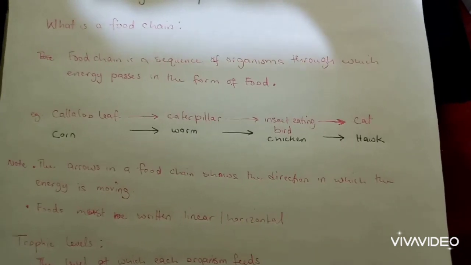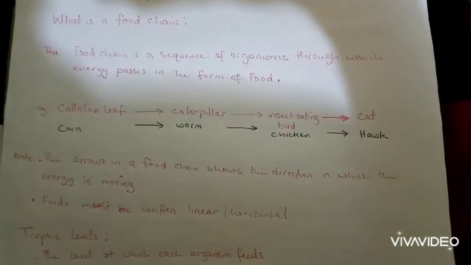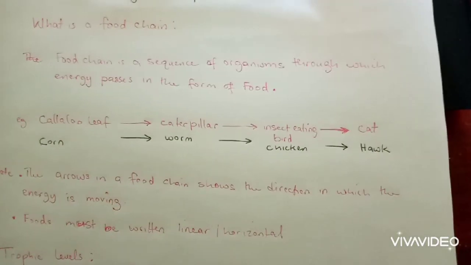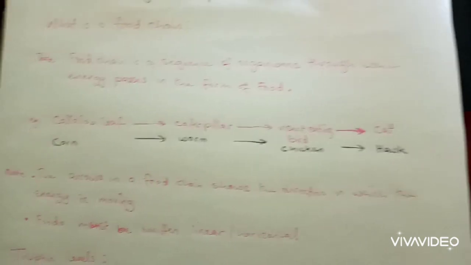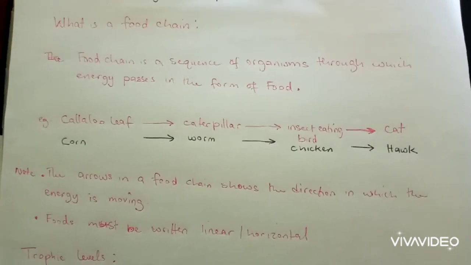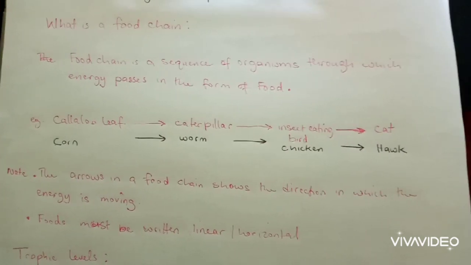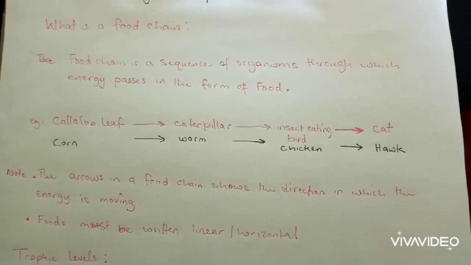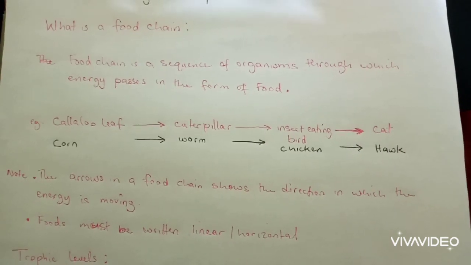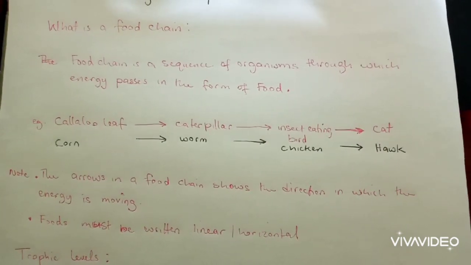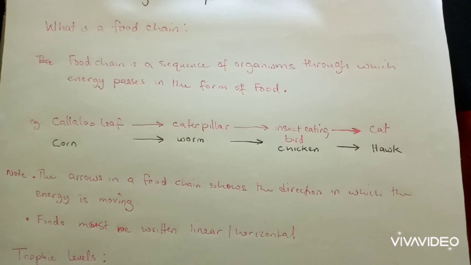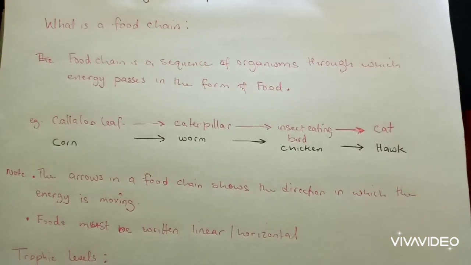Now your examples of food chains and food webs should be realistic. Please keep it simple to animals that you are familiar with, and don't try to take animals that you don't know anything about. Some students like to write food chains from the textbook or from the internet.